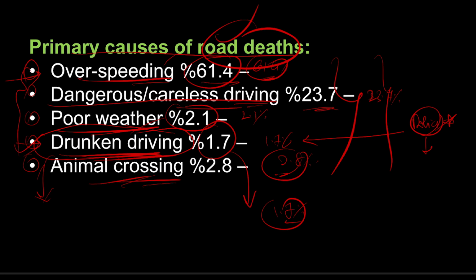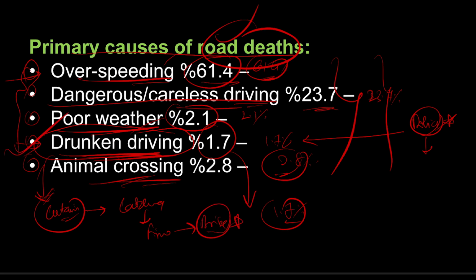But this is the stark reality of the country, because this is the most certain way you can end up catching a person, making sure that he pays a fine, or in most cases a bribe, right? So this is the only way, right?